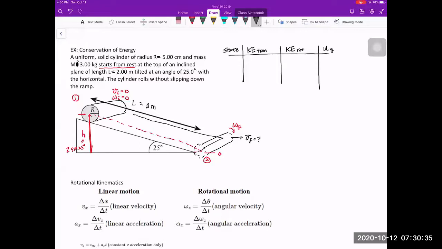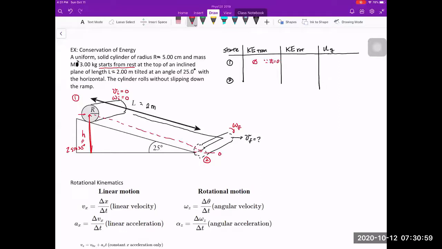In this case, we only have gravitational potential energy. So these are the energies in each one of the states. Here is state 1, here is state 2. So what is the translational kinetic energy for state 1? Well, Vi equals 0, so this should be 0.